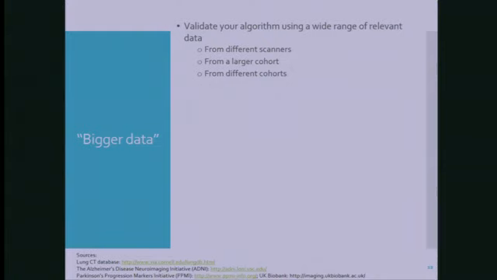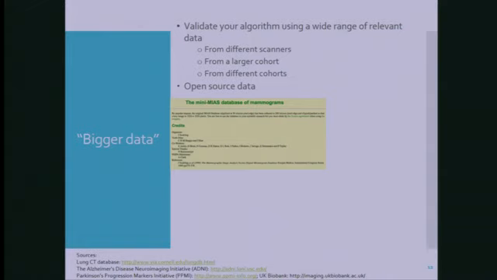And of course, in the past 5 to 10 years, there has been a lot of open source data that researchers can access. For example, the mammogram database I mentioned before. In this case, you have the clinical outcome, whether the tumors are benign or malignant, and there's also the region of interest drawn by the radiologist that you can then check your segmentation with.